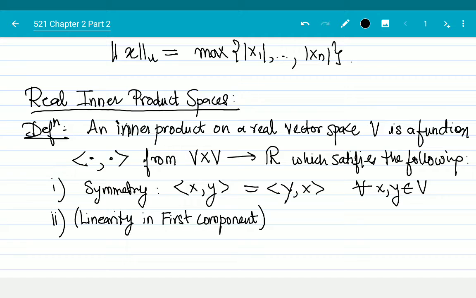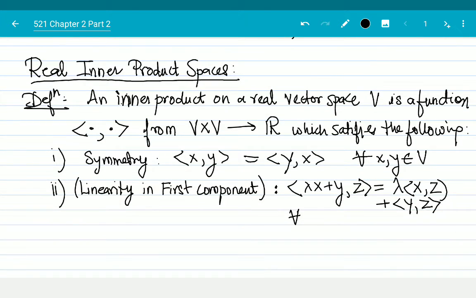Which is to say, lambda x plus y comma z should be equal to lambda times x comma z plus y comma z, for every x comma y comma z in V. Well, x, y, z have to be in V and lambda has to be in F.